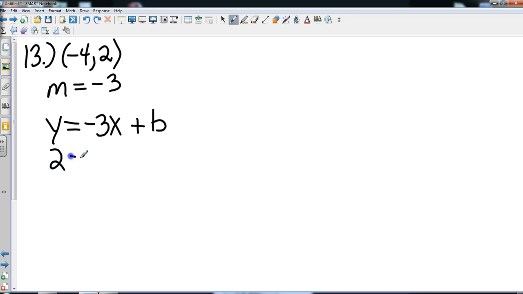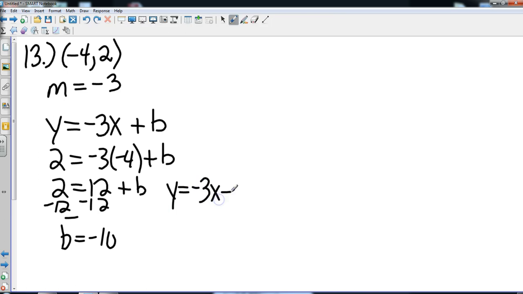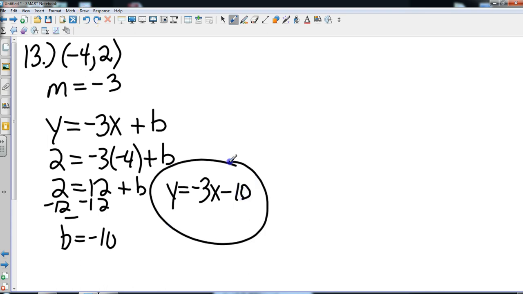What do I substitute in for the x coordinate? -4. So that gives me 2 equals 12 plus b. Subtract 12 from both sides, and b equals -10. So that's going to be y equals -3x minus 10. And that was the most horrible circle I've ever drawn in my life. Let's circle the whole thing.